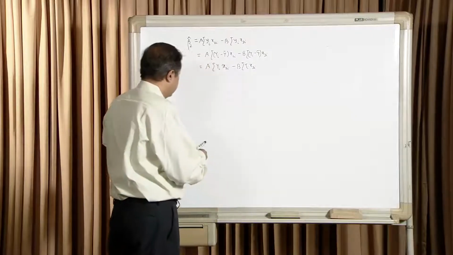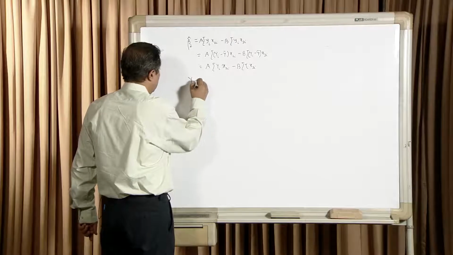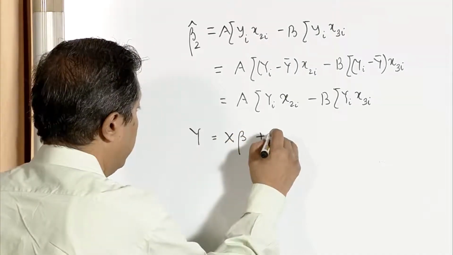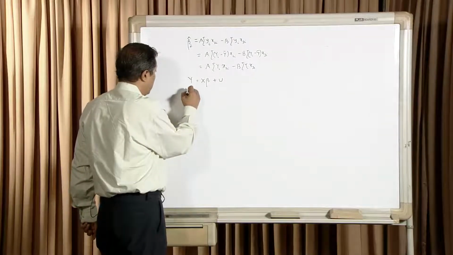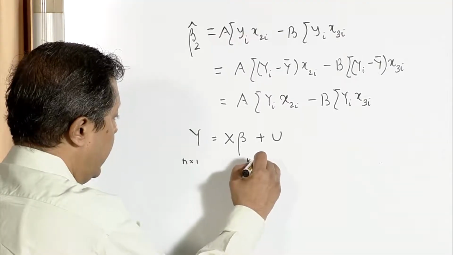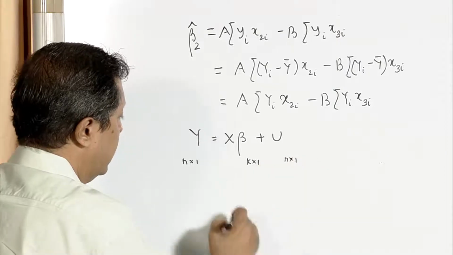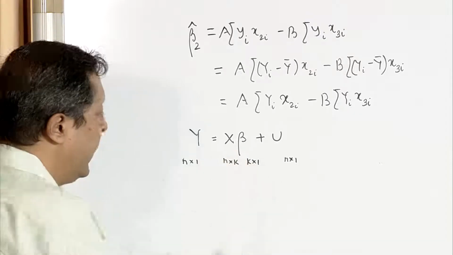In the k variable model we have y is equal to x beta plus u, where y is of order n cross 1, beta is of order k cross 1, u is also of order n cross 1, and x is of order n cross k.